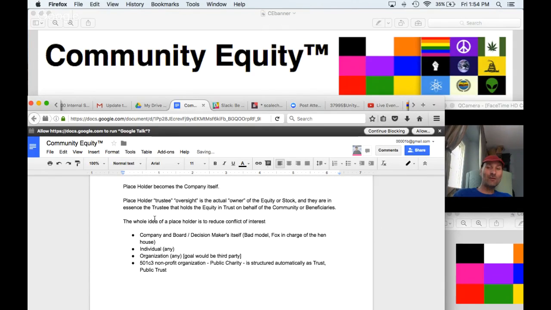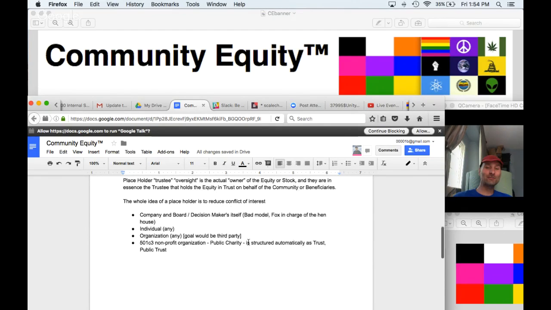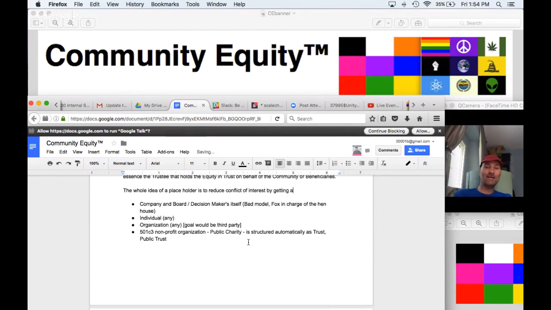So if all of the owners are the people who oversee the community equity, and in essence, the bad model, the fox being in charge of the hen house, then they could easily have a big conflict of interest to screw all the other beneficiaries and take all the equity for themselves, right? So the whole idea of a placeholder is to reduce the conflict of interest by getting a third party involved.